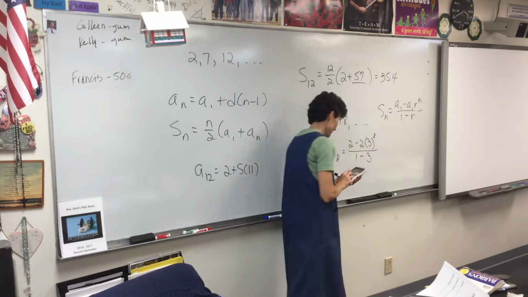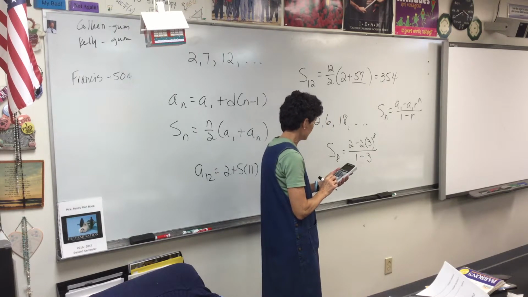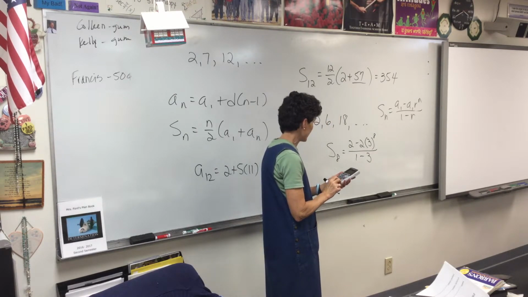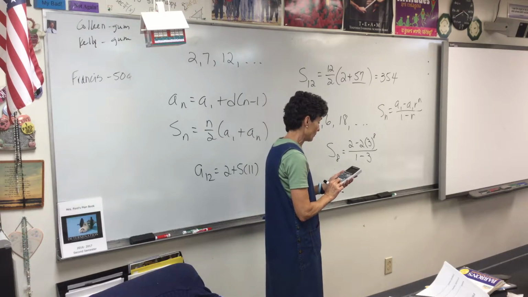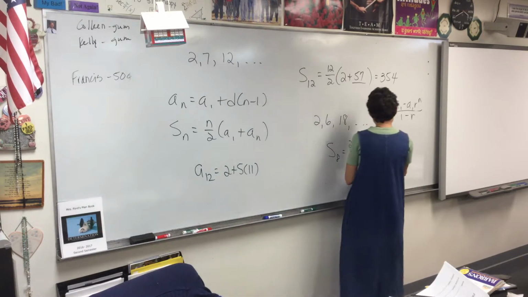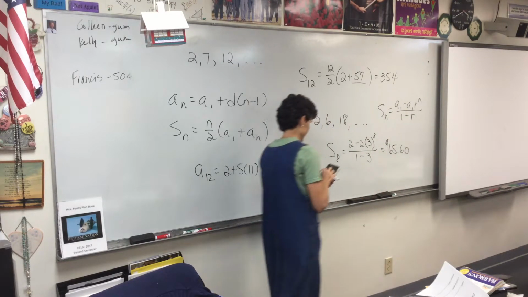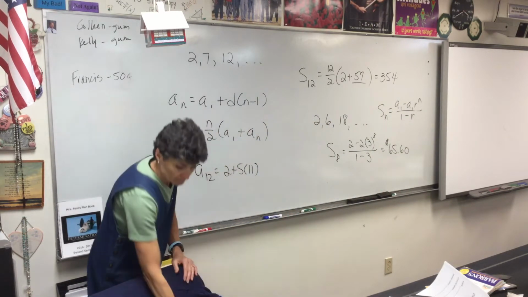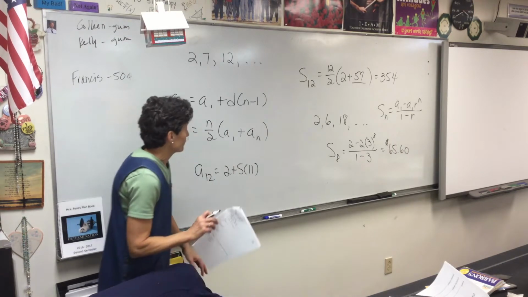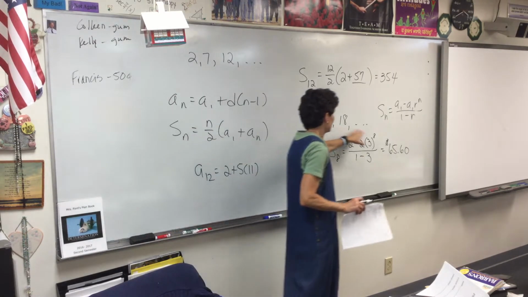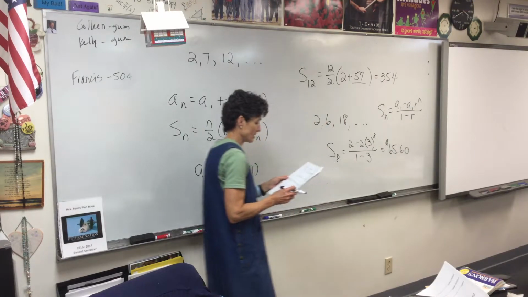I always just type in my numerator, 2 minus 2 times 3 to the 8, hit equals, and then divide by -2. So she spent $65.60. Remember, these were pennies, so when I got that big number, I changed it to dollars.